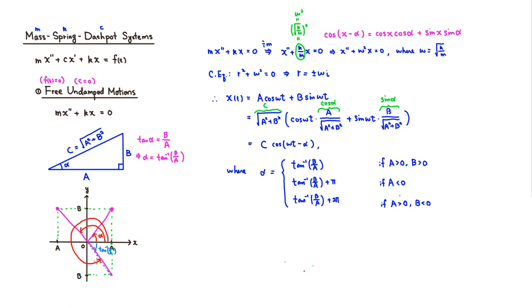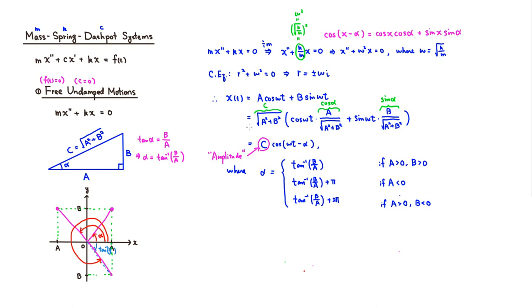All right, so here is some terminology. Here we have C. This is called the amplitude, because this is going to be the cosine curve, so it's going to go up and down, up and down.